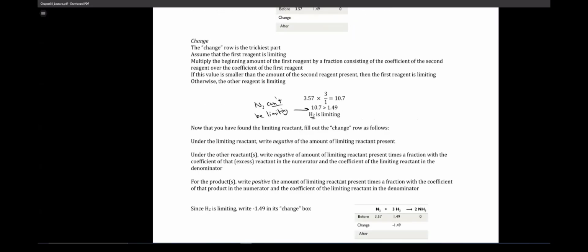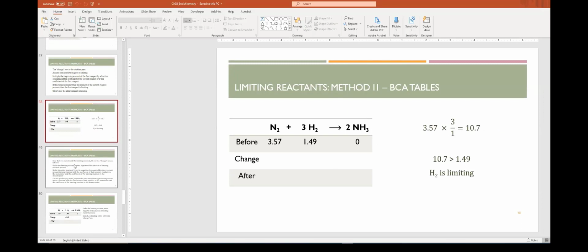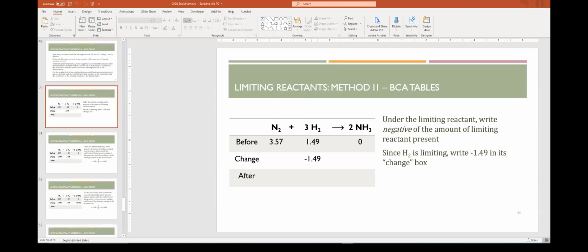So going back to the change row: we've already decided that the hydrogen is the limiting reactant, and the limiting reactant must get used up. That's the definition. So minus 1.49 moles. We've used all the moles here, so the amount at the end is going to be 0 here.